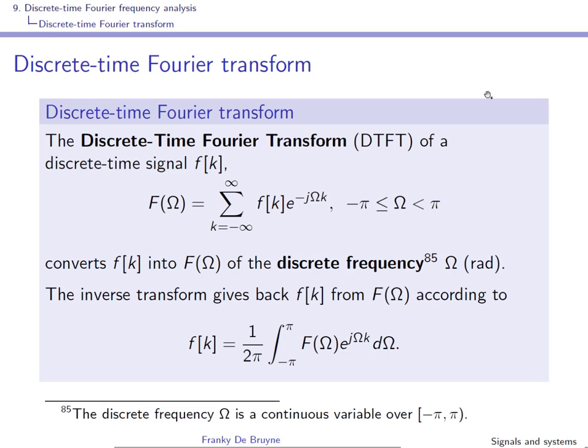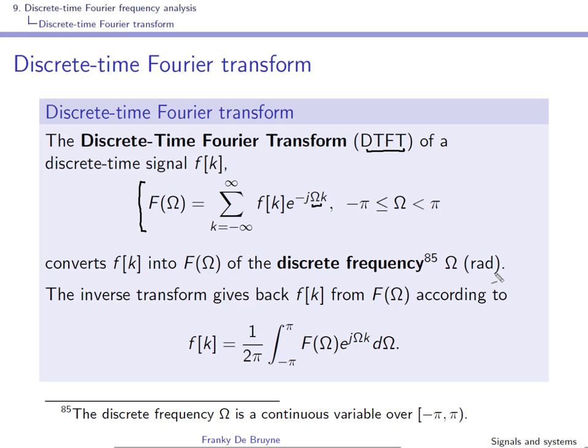So this is how we obtain the discrete time Fourier transform. It can be written like this, so please don't learn this by heart and obtain it from the Fourier transform simply by sampling. The variable capital omega is the discrete frequency.